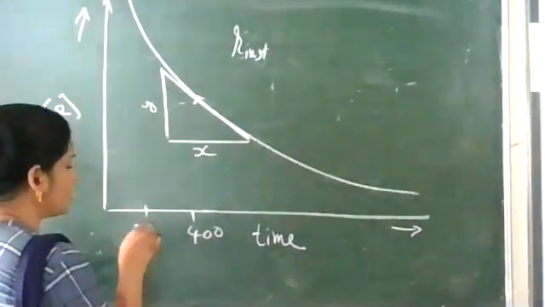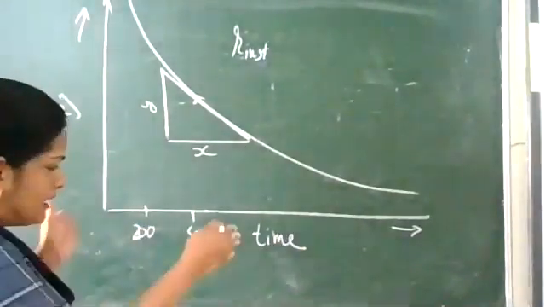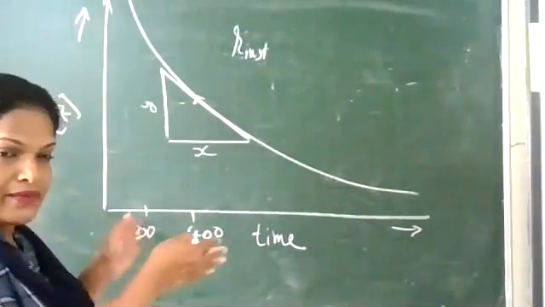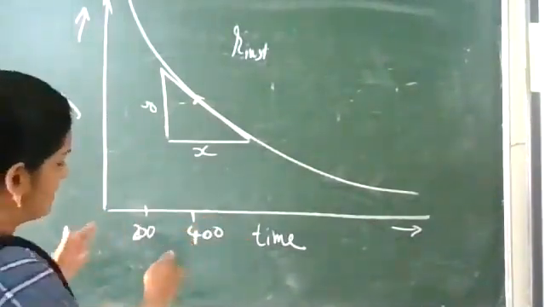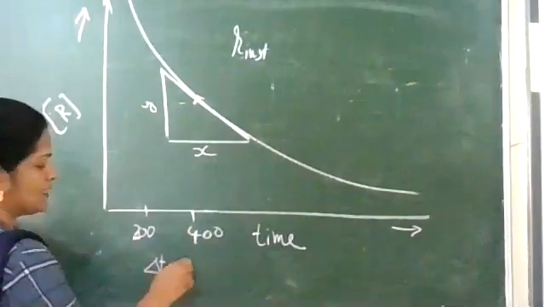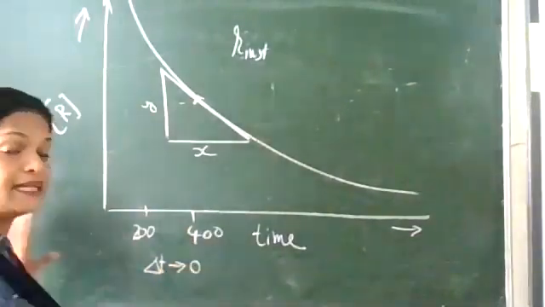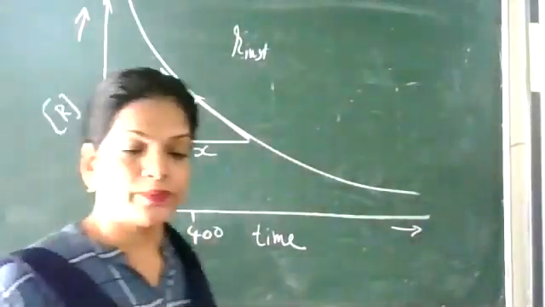Between 200 and 400 is the average rate. When that gap is decreased, that is, delta t tends to 0.